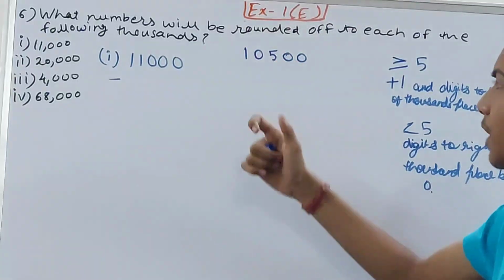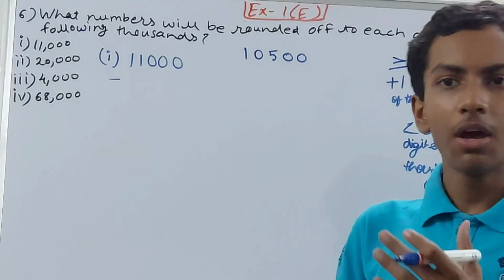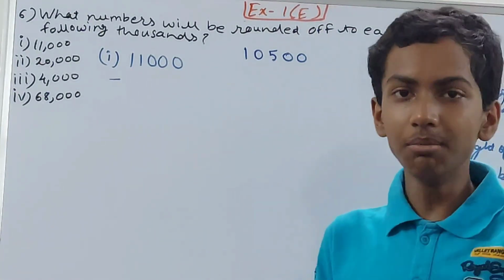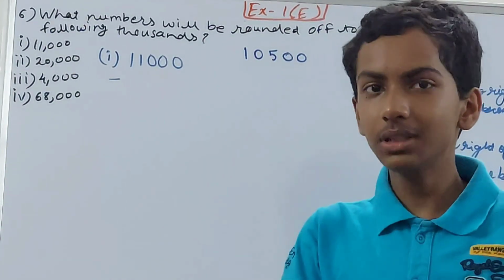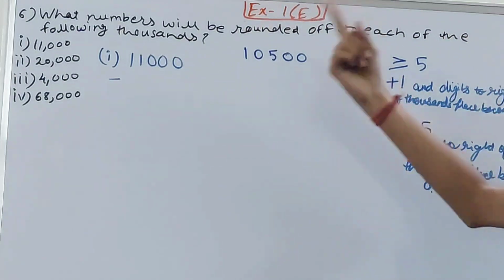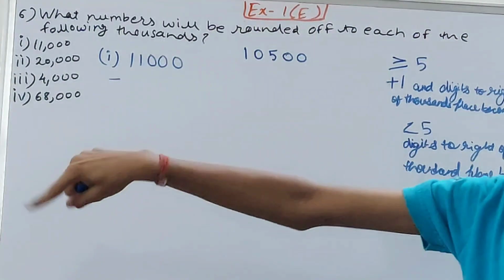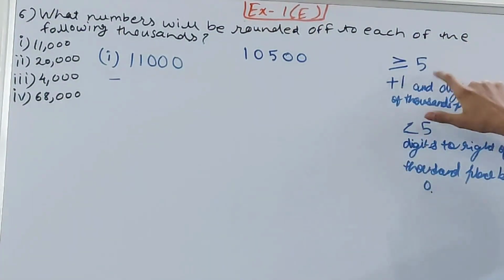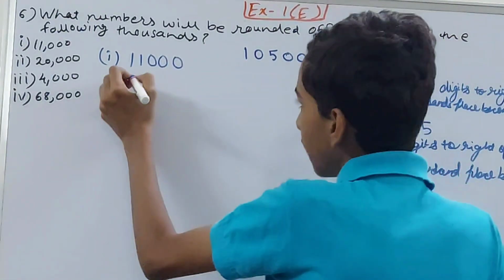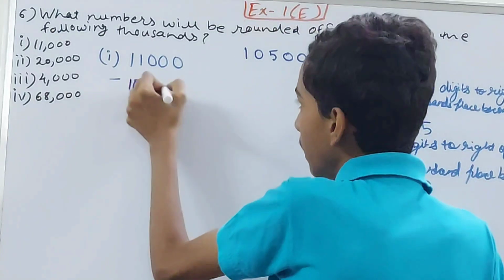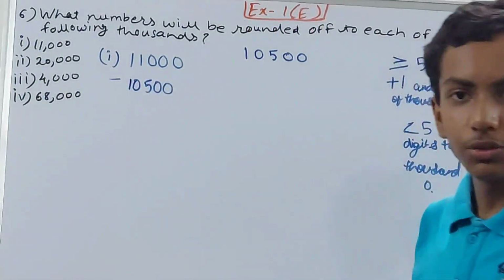And why is the digit at the hundreds place only 5? Because my number is less than 11,000, so for it to give me 11,000, it has to be +1. 10 plus 1 is 11. That is why I have set it equal to 5. So this is the smallest number that can be rounded off to 11,000: 10,500.